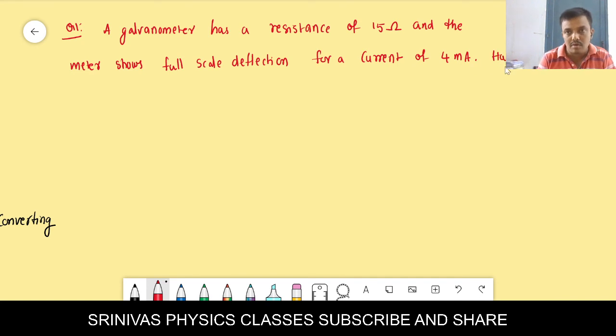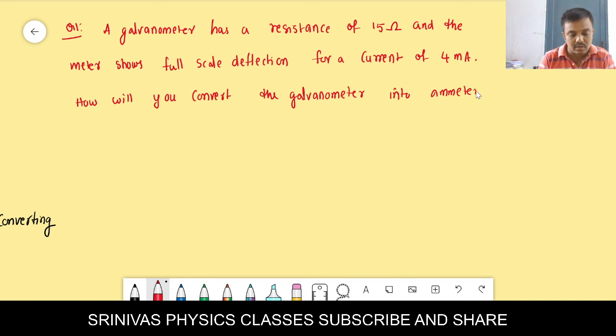How will you convert the galvanometer into an ammeter of range 0 to 6 ampere?